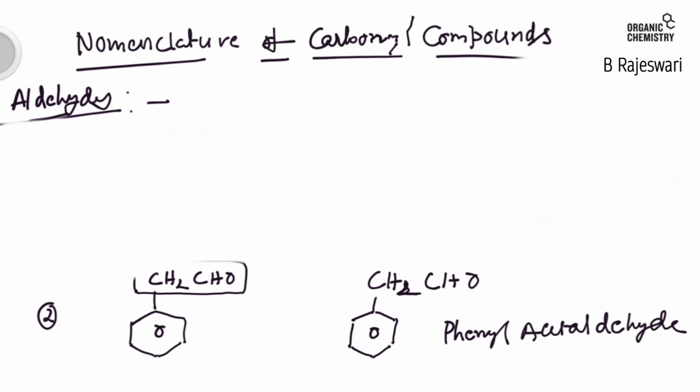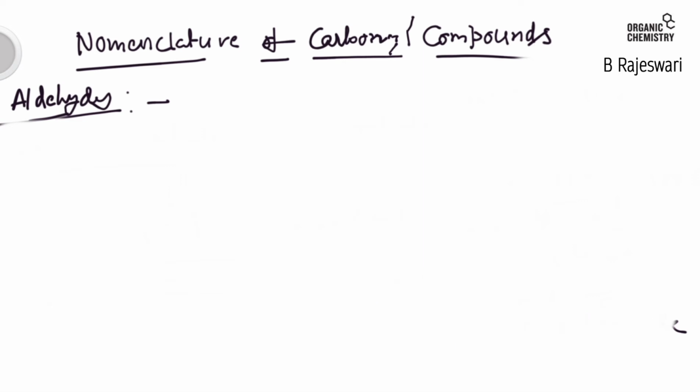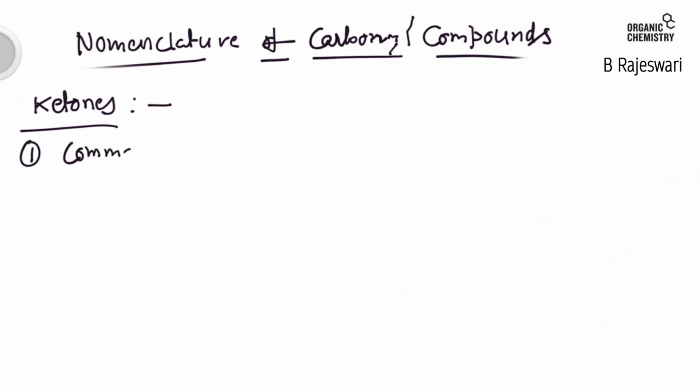Next, nomenclature of ketones. Again, to name ketones, there are two methods. First one is the common method.